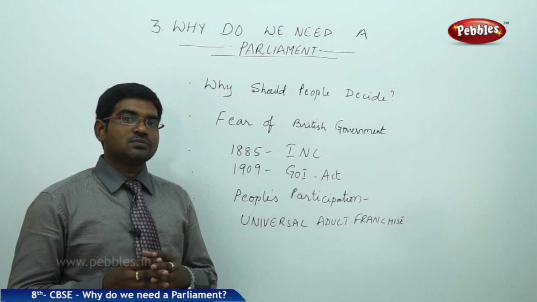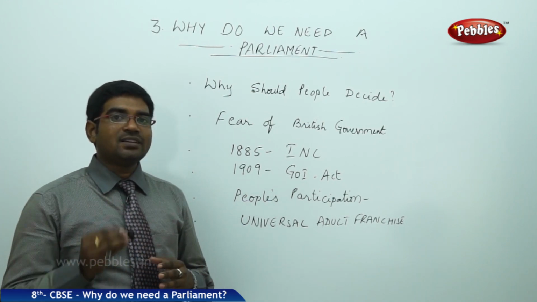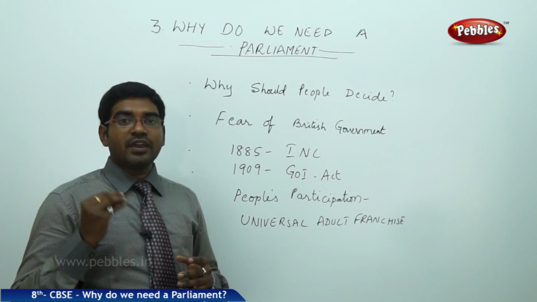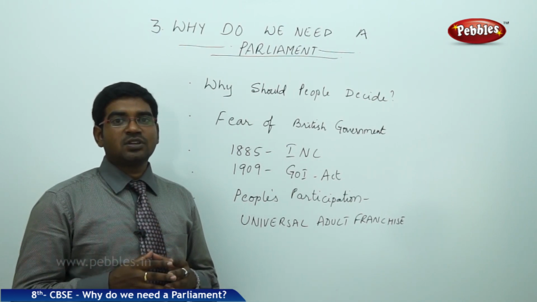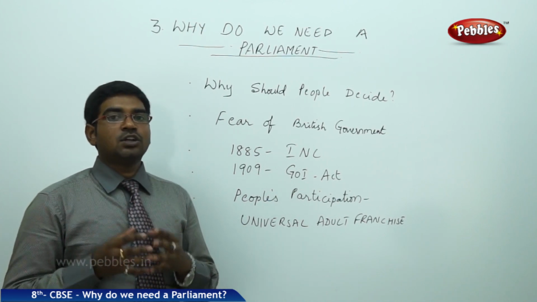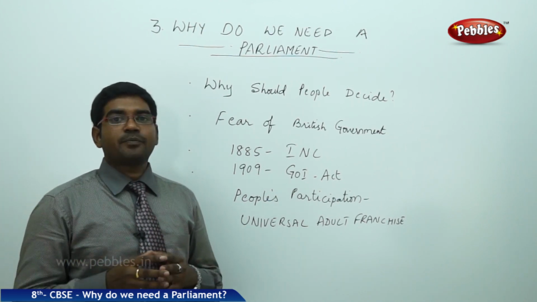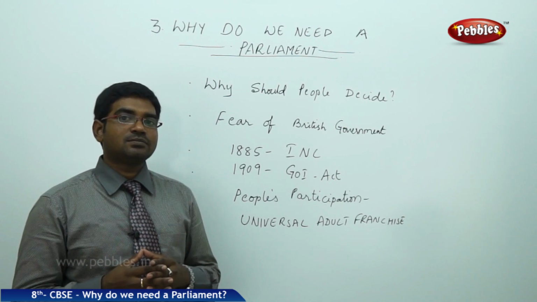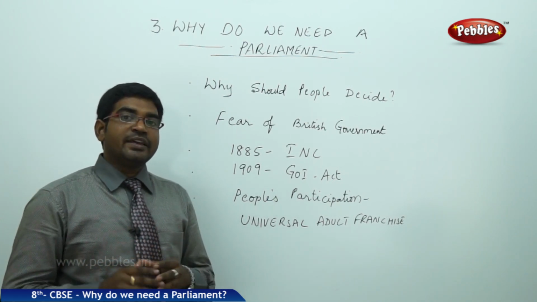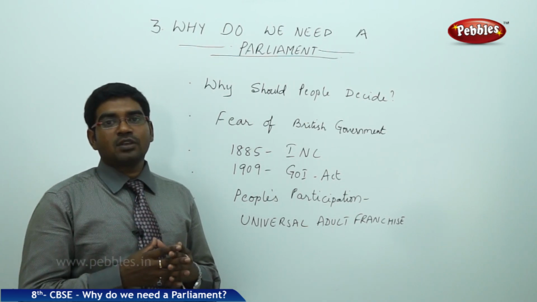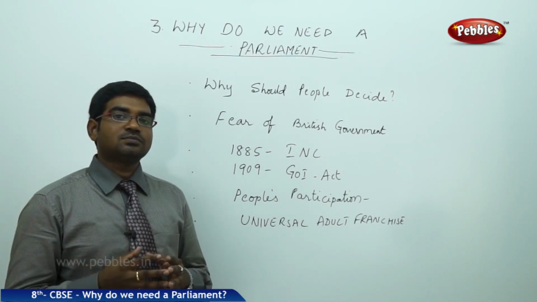Any Indian citizen who attains 18 years of age, irrespective of any discrimination, gets the right to vote, through which he can participate and decide in the elections. His vote is very valuable when the time of election comes.